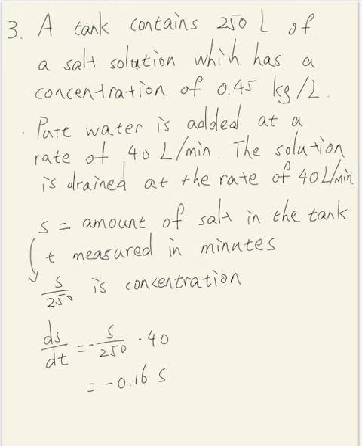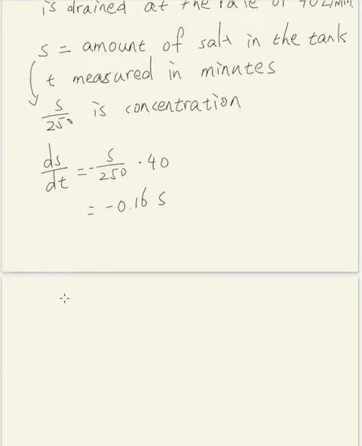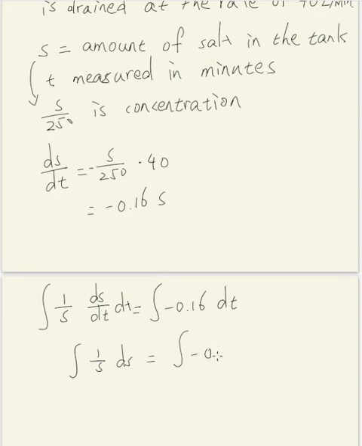This is once again a separable equation. All we have to do is divide both sides by S. We have 1 over S ds/dt equals minus 0.16. Again, integrate both sides with respect to t. The left-hand side becomes the integral of 1 over S dS. The right-hand side is the same.